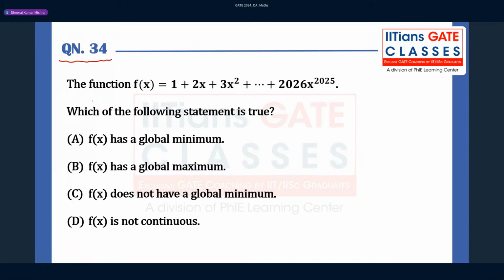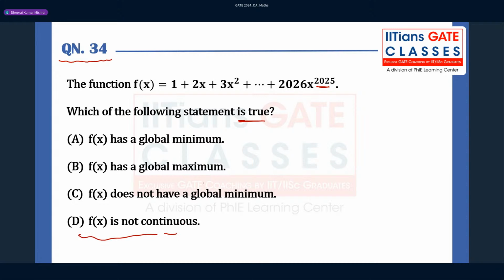Because in this question, the function is f(x) = 1 + 2x + 3x^2 + ... + 2026x^2025. Here the order of the polynomial is huge. If you find the first derivative, what you have to investigate is which of the following statements is true: f(x) has global minima, f(x) has global maxima, f(x) does not have global minima, or f(x) is not continuous.